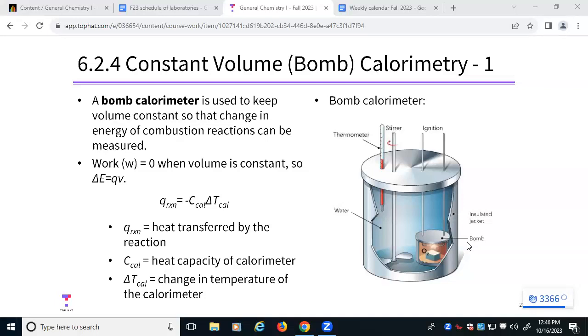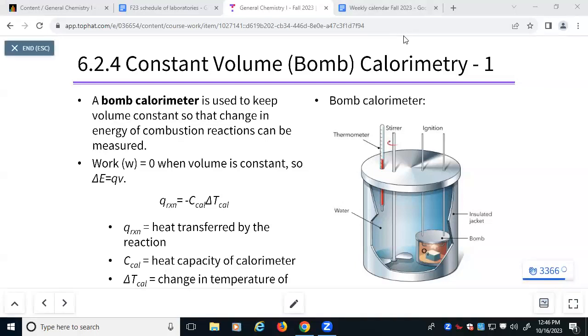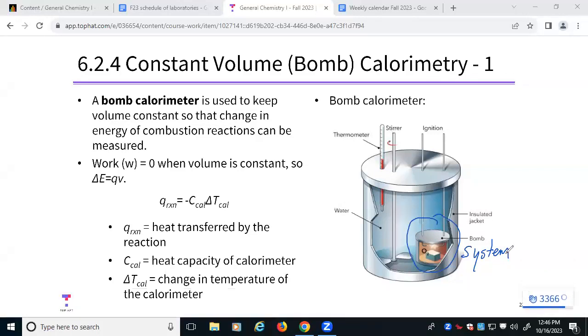Now, there's one other important piece here that we need to recognize. In most calorimetry experiments, not just bomb calorimetry, but also other kinds of calorimetry, the system is usually not a part of the calorimeter itself.